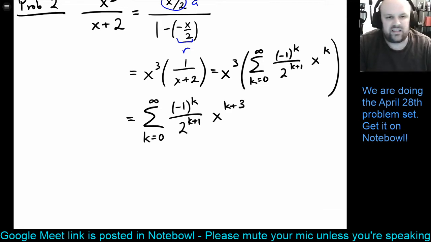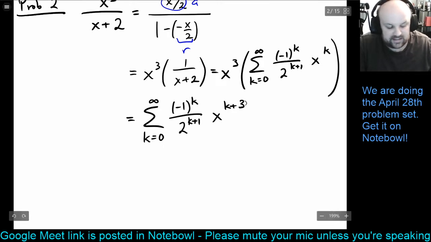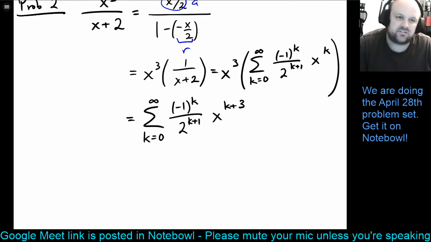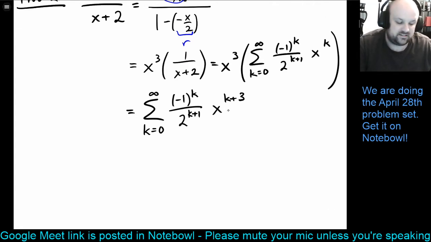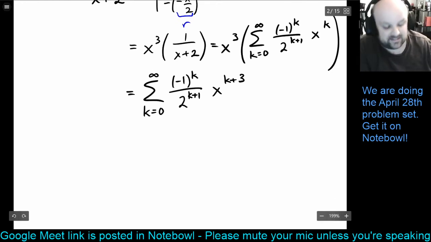Now, it's pretty common to want just an x to the k here instead of k plus 3. Of course, there's nothing specifically wrong with this as it's written, but typically we like to keep this as simple a thing as we can. Again, let me emphasize that there's nothing actually wrong with this expression. But should you want this to be just x to the k, we can re-index this.